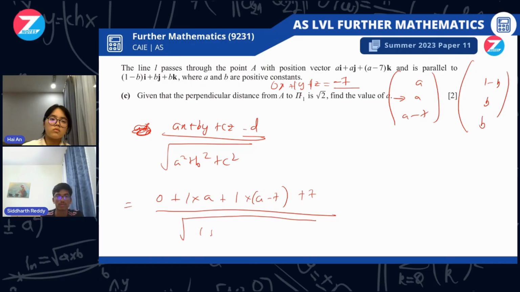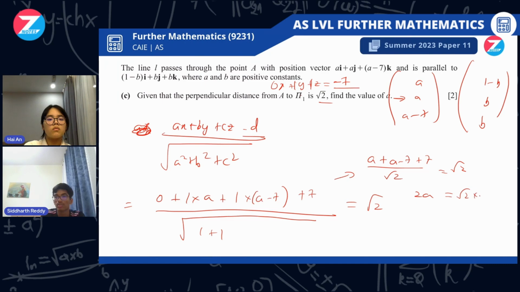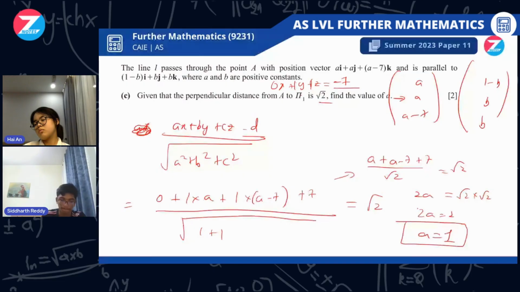So that's just 1 plus 1. Keep in mind this is all equal to root 2. So now solve this. We have a plus a minus 7 plus 7 divided by root 2 is equal to root 2. So 2a is equal to root 2 times root 2, 2a is equal to 2 and a is equal to 1. So that's it.